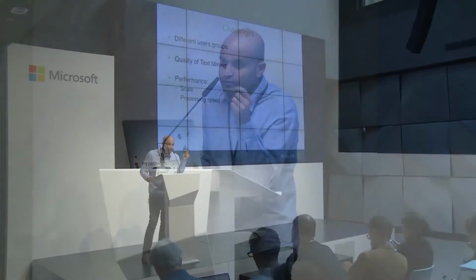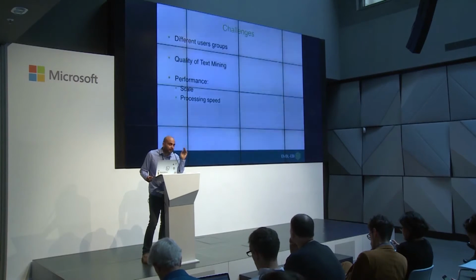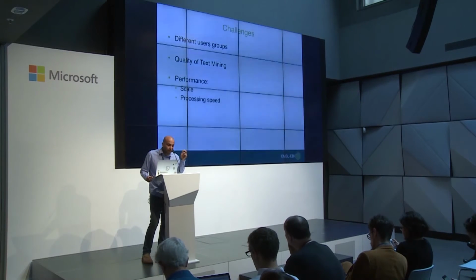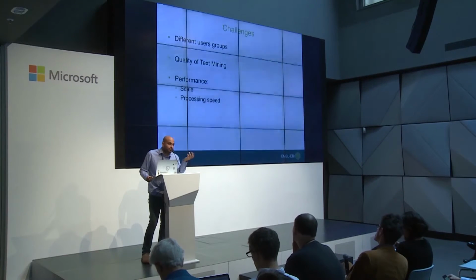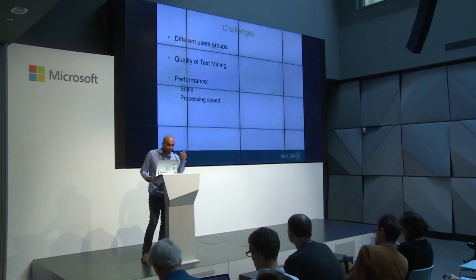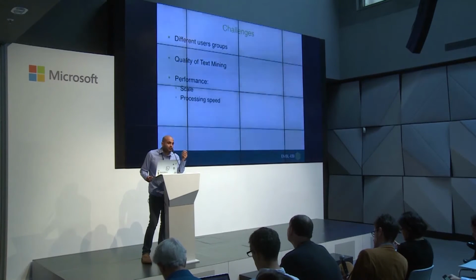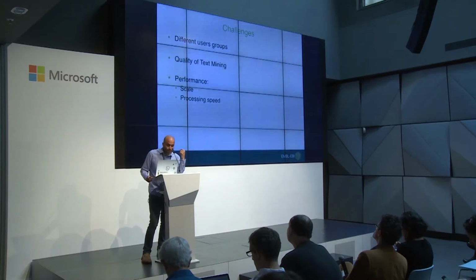Also, we need to continuously work on refining the quality of text mining and reduce false positives as much as possible. And since this is a real-time fetching infrastructure, we deal with a lot of performance issues depending on the number of annotations a particular article has. These are some of the challenges we are working on.